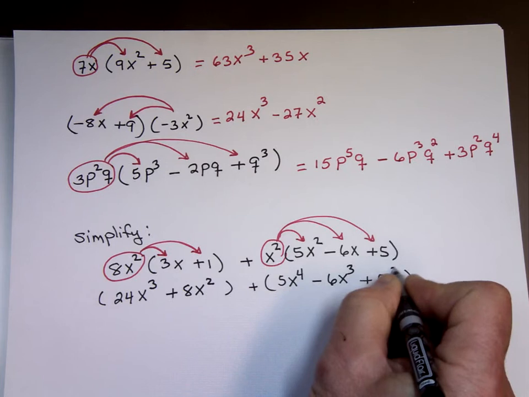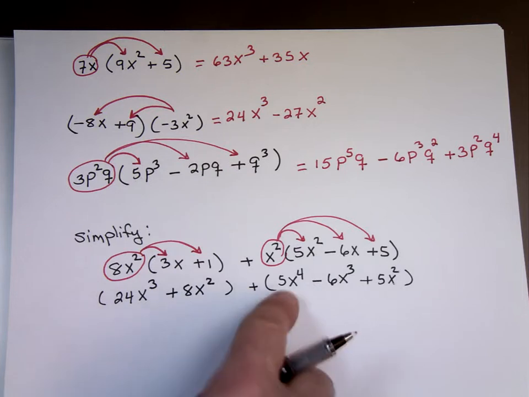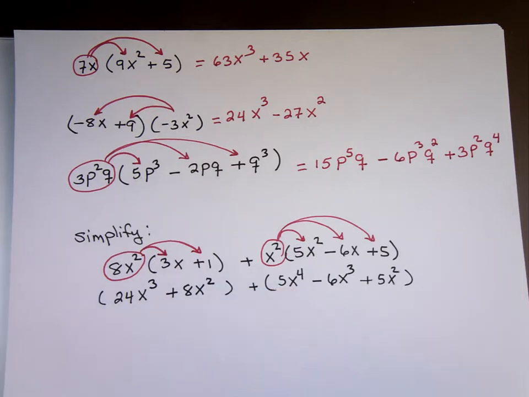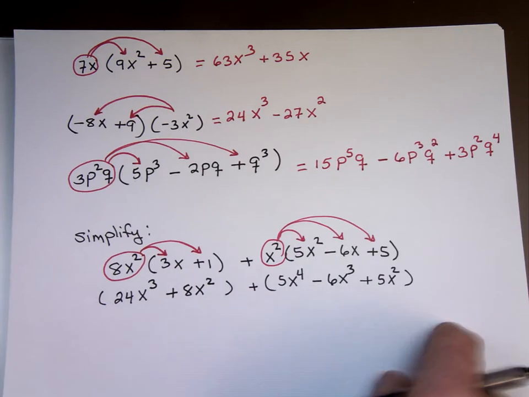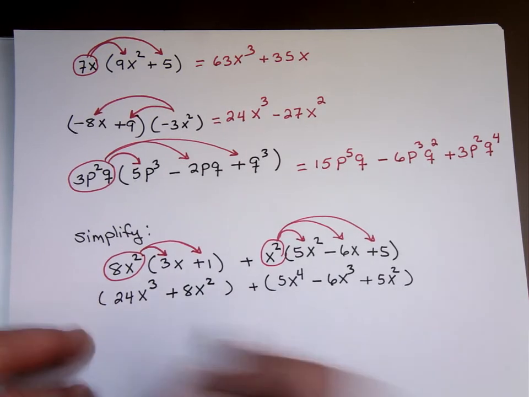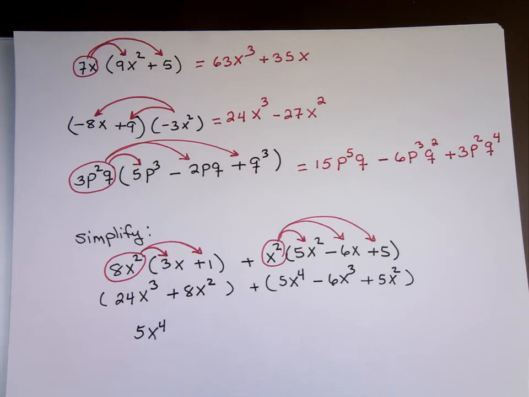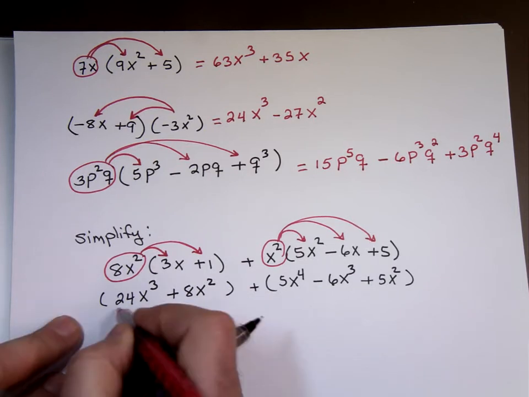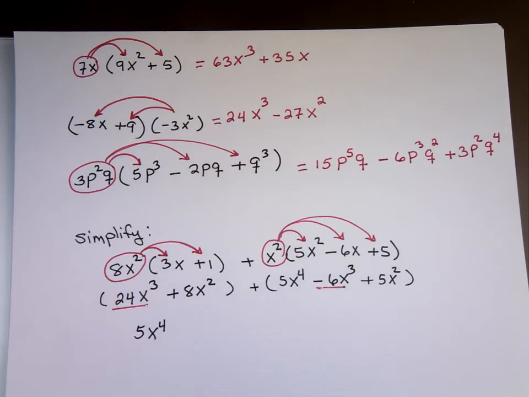And now we're going to add them. We have to look for like terms. I like to write the answer in descending power. X to the fourth, there's nothing to add to it, right? That's the only one with x to the fourth, so it stays. What about x to the third? I see this one, and I see this. What is 24 minus 6? 18.